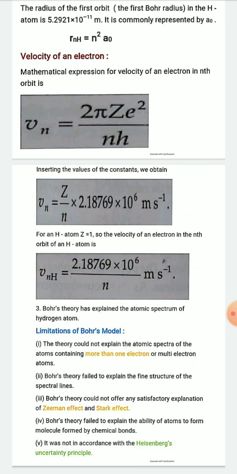So inserting the values of the constants 2 pi, e and h, we obtain v_n, that is the velocity of the electron in the nth orbit, is equal to Z divided by n into 2.18769 into 10 to the power 6 meter per second.